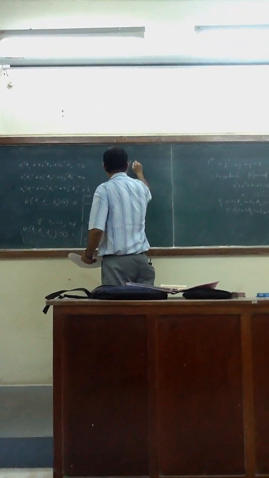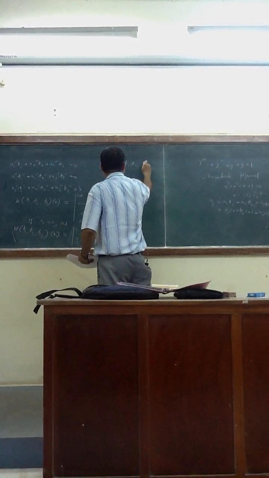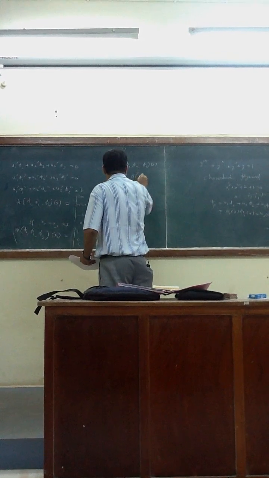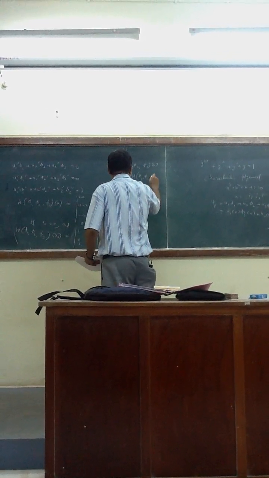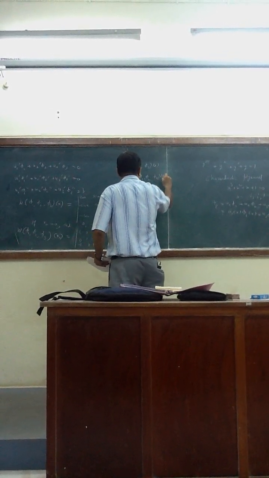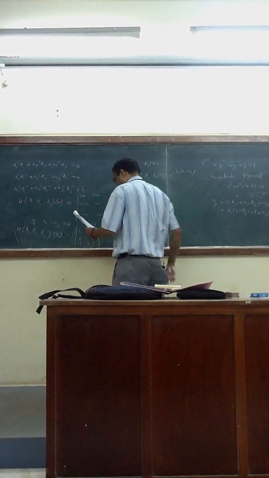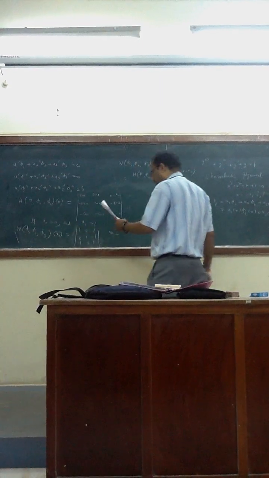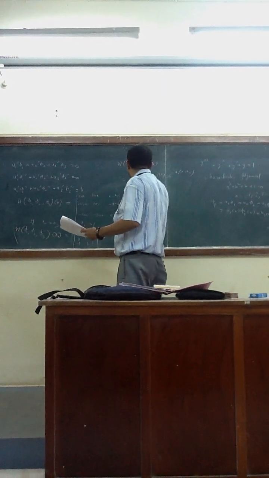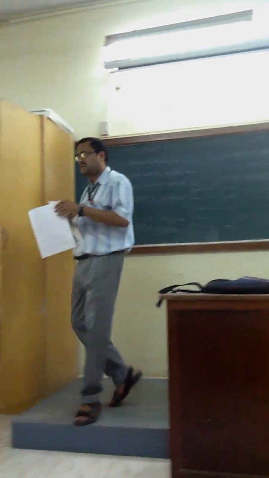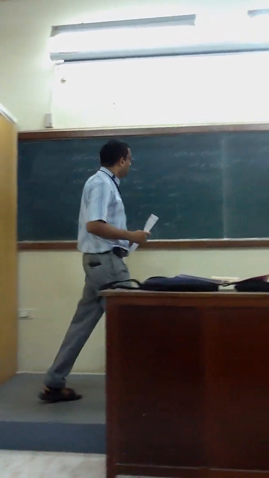So what is my W of phi 1, phi 2, phi 3 at x? It equals W at x0 times e to the power minus a1 (x minus x0). Am I correct? It is 2 e to the power minus x. That's it. Very interesting. You got 2 e to the power minus x.